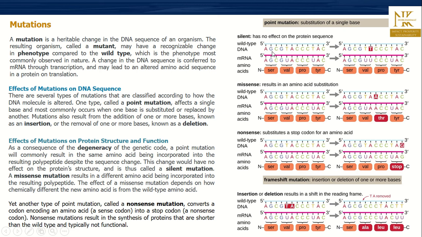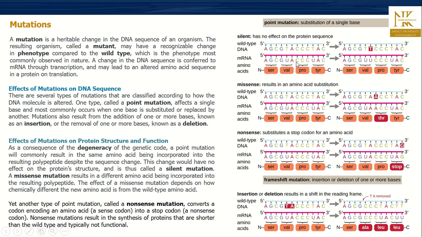So the DNA is AGCGTA, while in this case the GTA is translated as GUA. We now know that anytime you see a T in the DNA, it will be a U in the RNA, because it is switched to uracil in RNA.